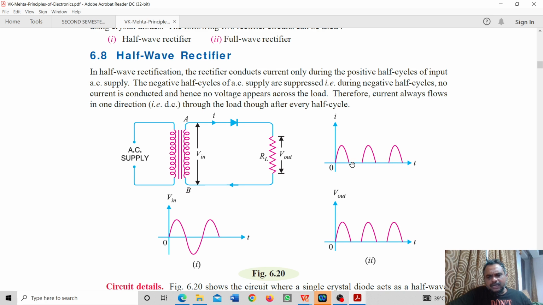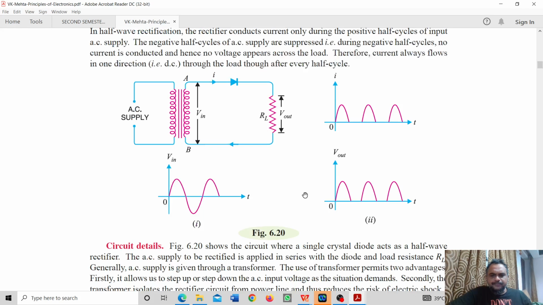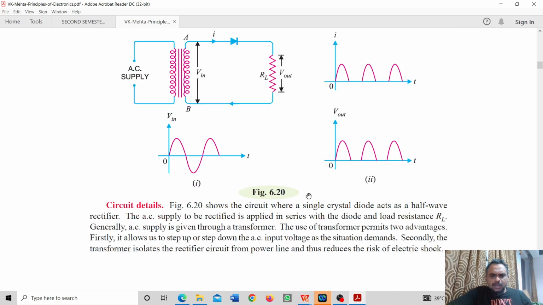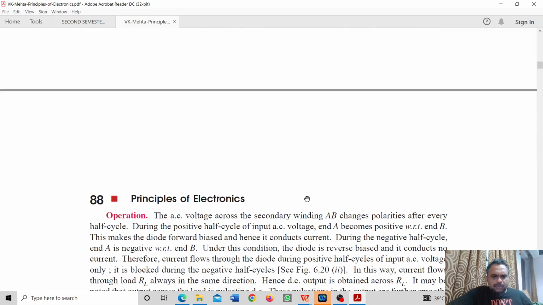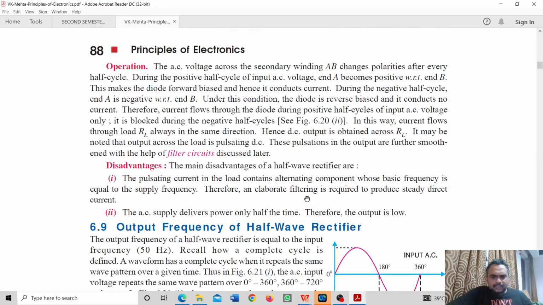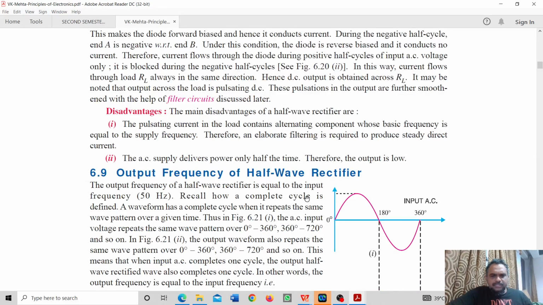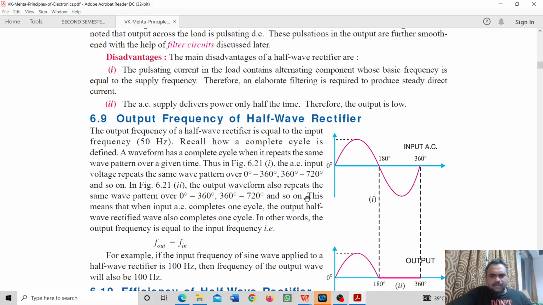There is no current between one positive half cycle and the next positive half cycle. This is what the output of a half wave rectifier looks like. So this is the basic construction, principle and working of a half-wave rectifier. Now we have to understand the frequency. What will be the frequency of this half-wave rectifier?